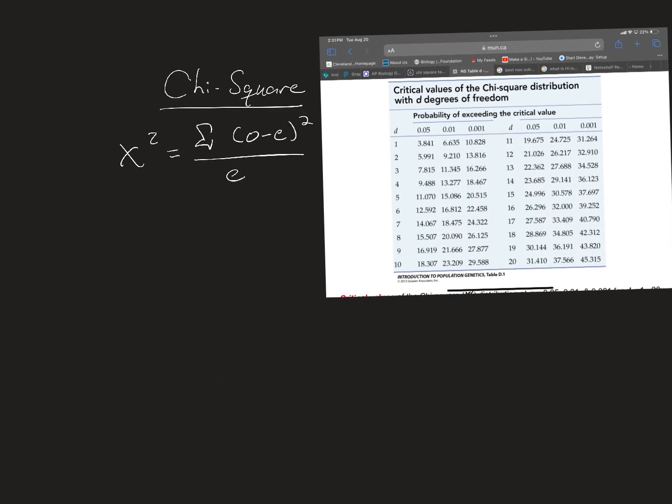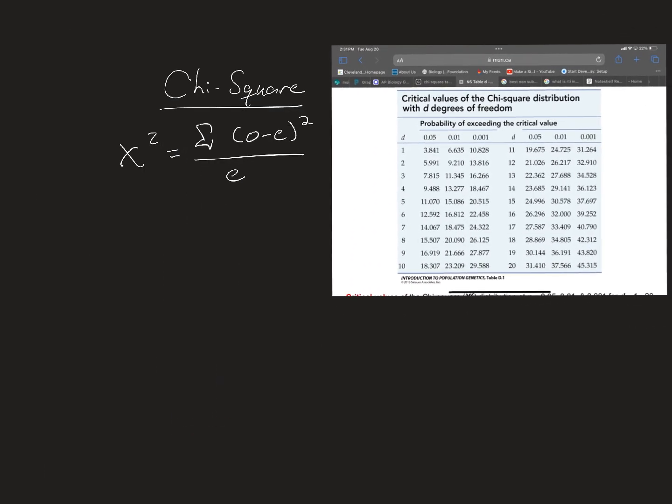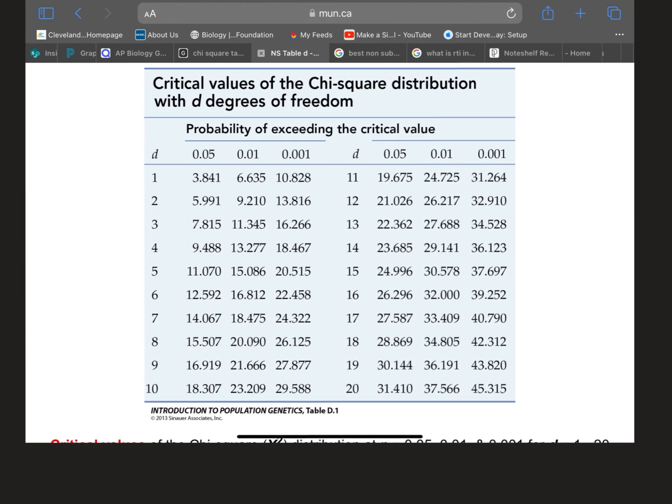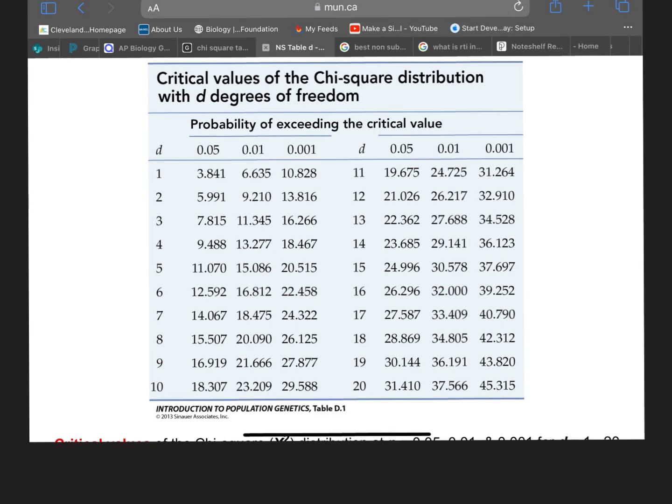You'll find these data tables anywhere on the internet. I want to try to look at this again. It's not incredibly important that you can still do this if you don't understand what I'm about to say. They're going to format these tables slightly differently, but they're pretty much all going to be the same.